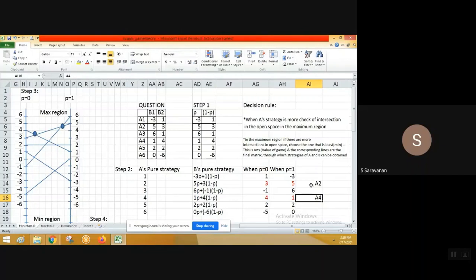So you can do this even if there is no graph available. Shall we move to step 4?